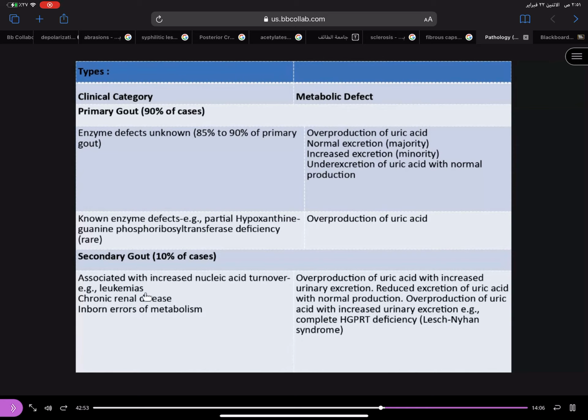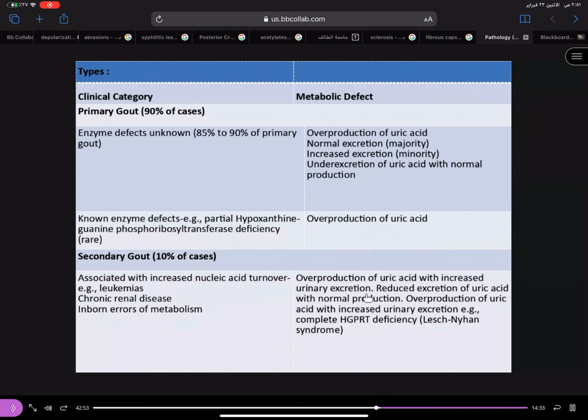And secondary gout, we have already discussed, the other diseases of the kidney and blood cancers lead to overproduction of uric acid, and mostly with increased excretion, because with more production, if the kidney is normal, it will excrete more. But sometimes reduced excretion can also be there with normal production, or overproduction with increased excretion.